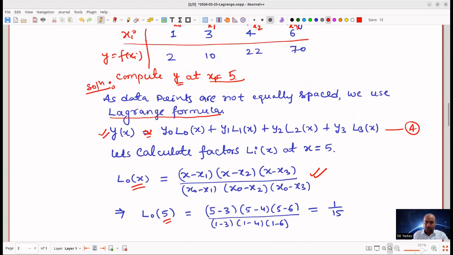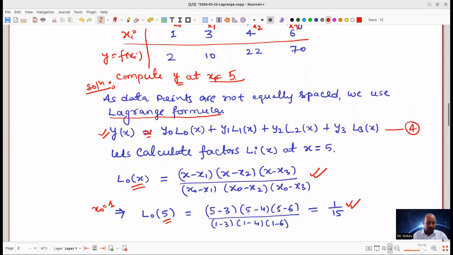So x minus x1, that is 3, and x is 5 here. So 5 minus 4 and 5 minus 6. And then in the denominator, we subtract every value from x0, which is 1 here. So I have written 1 minus 3, then 1 minus 4, then 1 minus 6. So ultimately it gives you 1 by 15.